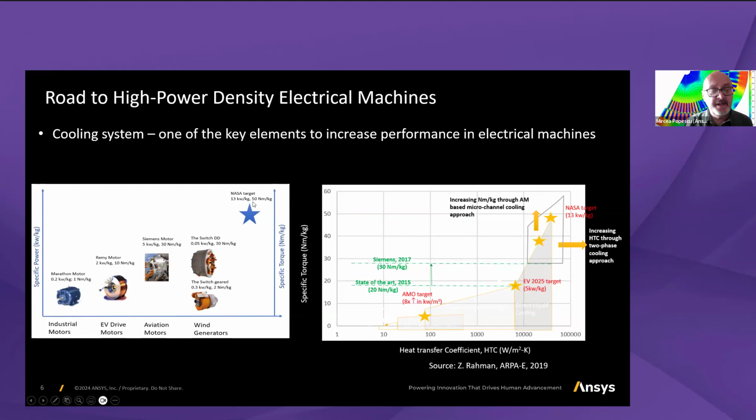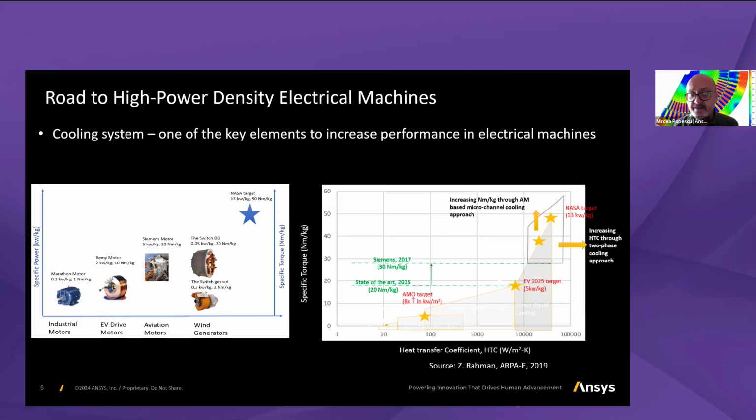While from NASA, the aerospace organization from the United States, they are typically pushing forward the boundaries for high-end applications, and they target this type of torque density or power density. And on the right-hand side, we can see one of the features that we need to consider when designing powertrains, electrical machines with the entire system with high power density and torque: we need to look at improving the cooling system.